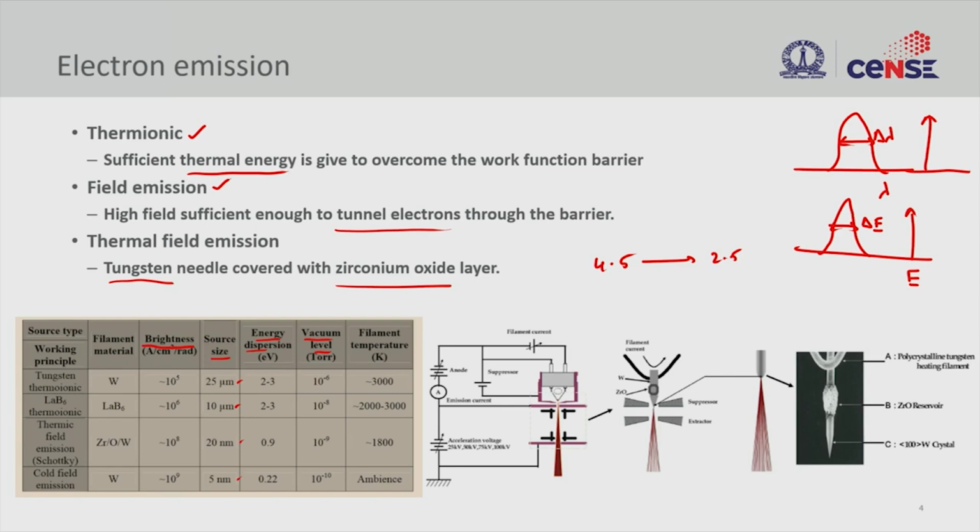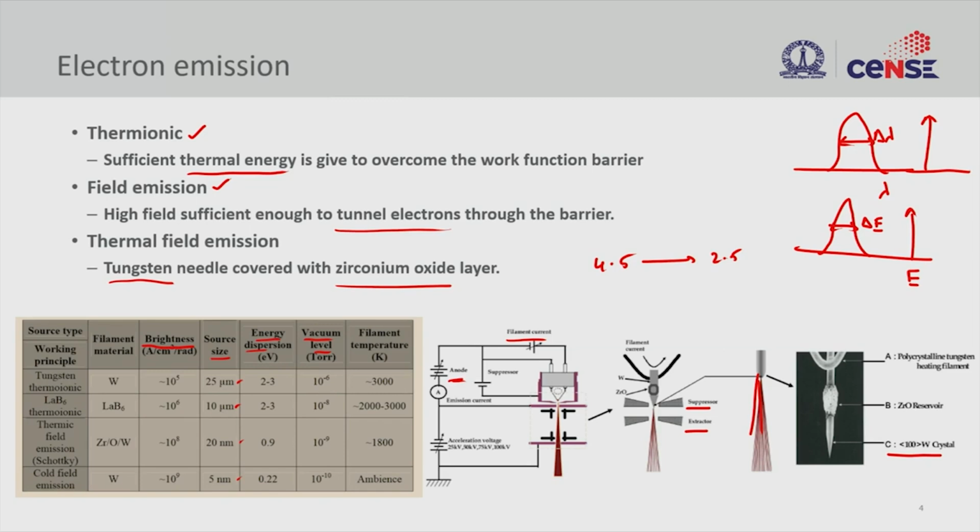On the bottom right, you have a typical configuration of an electron source, where you have the tungsten crystal sitting there and emitting your electrons, and this emission is mediated through the extractor and then the suppressor. This is just to focus the beam, and then you have the whole circuitry here. You have the filament current, which we have to give, and then the emission current.